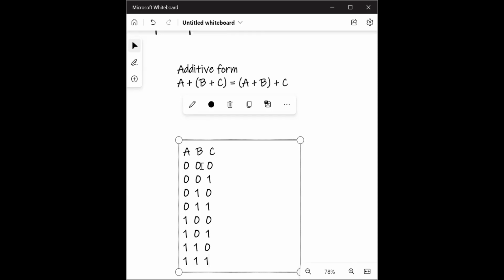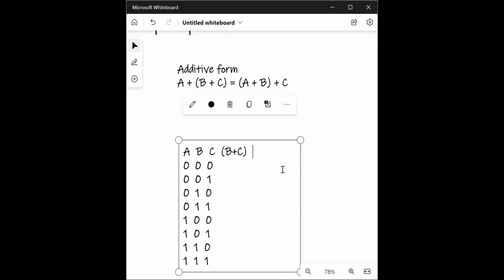Right. Now that we have A, B, C, we can have B plus C. Right, let me put B plus C, right?